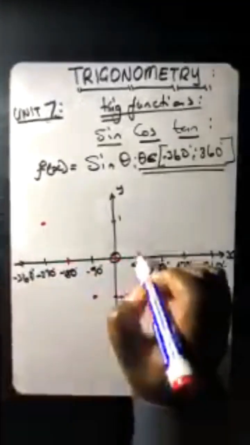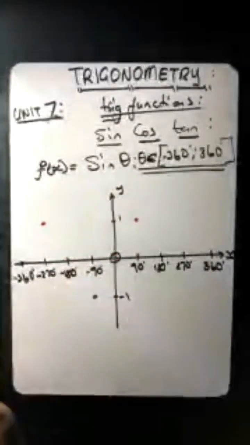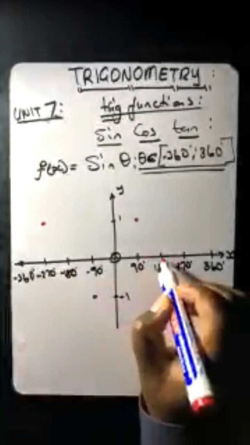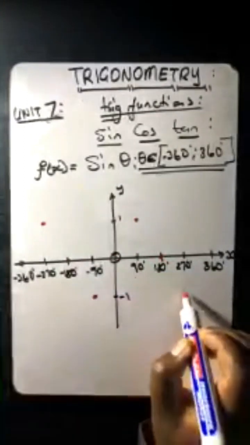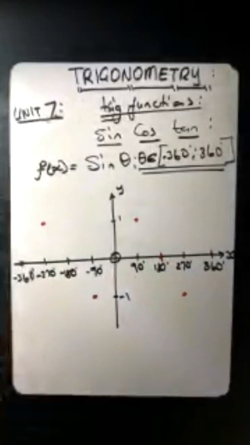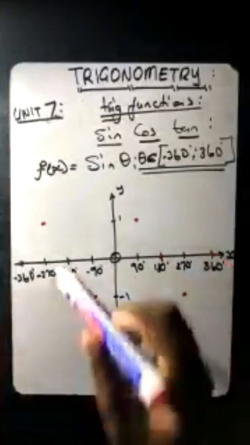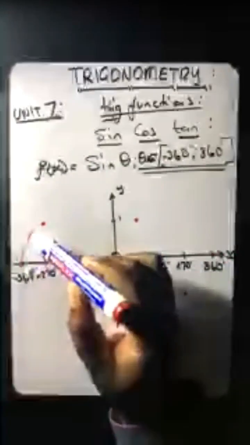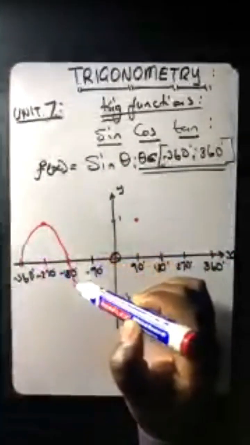Then 0 gives you 0 there. Let's go to 90, it gives you 1 there. Let's go to 180, gives you 0. Let's go to 270, it gives you negative 1 there. Let's go to 360, gives you 0. Now you are done. Just plot by connecting the dots.